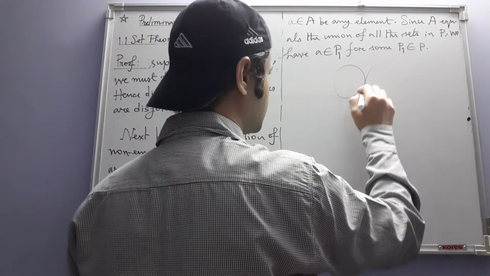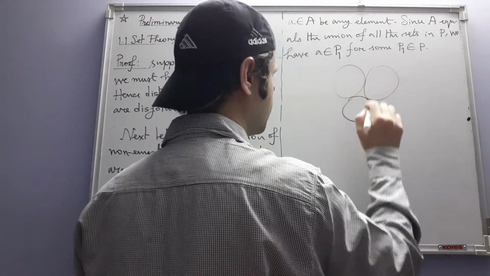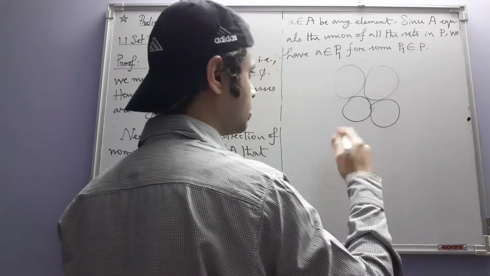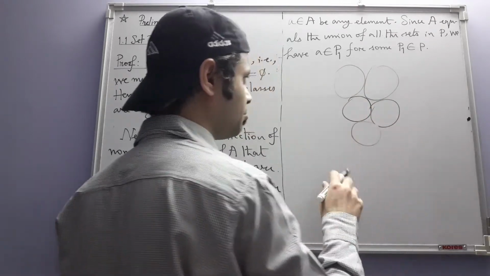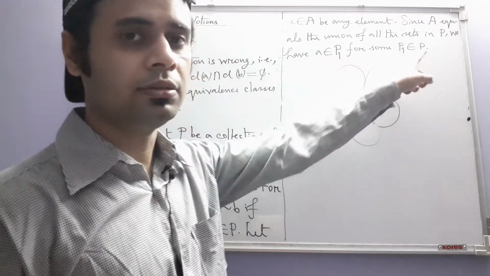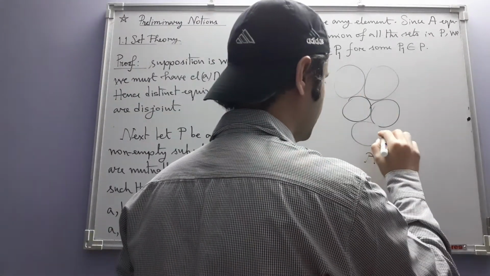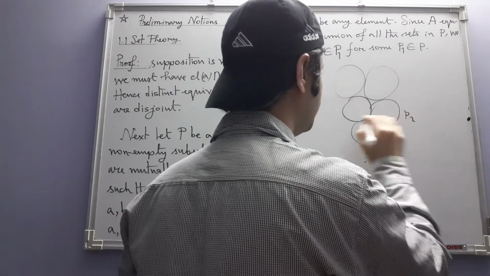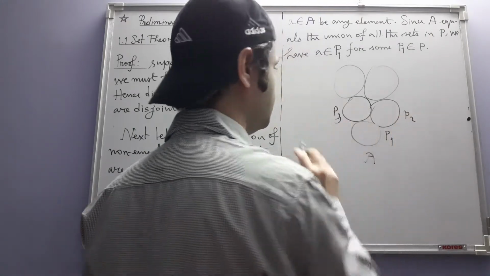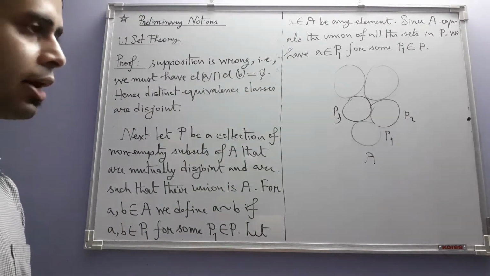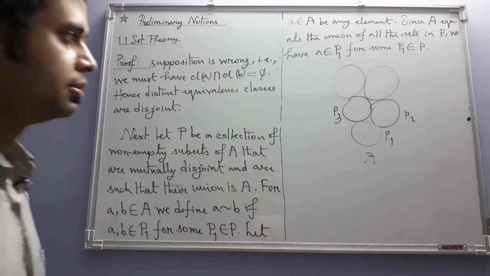There are some sets which are disjoint. These sets make up the collection P and their union is A. So we have, say, P1, P2, P3, like this. There are many. Okay. How many we don't know, but there are many.